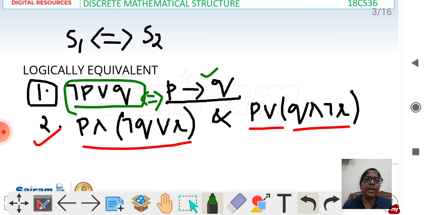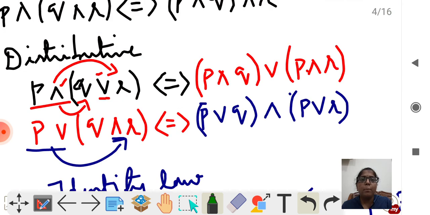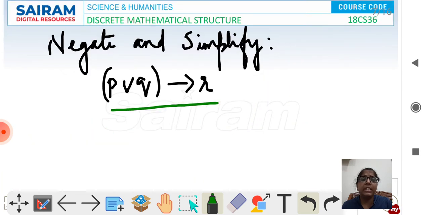We have proved that if you have an implication statement like this, you can negate the first statement and operate with and on the second statement, and it is the same as this statement. So if you have an implication statement, you can write it like this: negation P and Q. Both are logically equivalent statements.